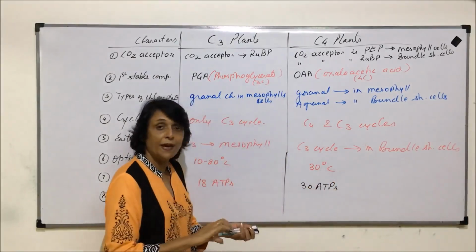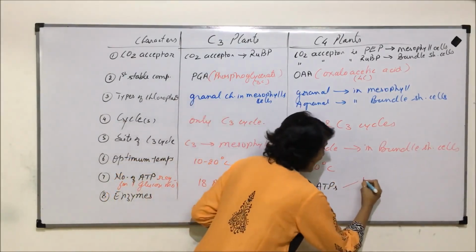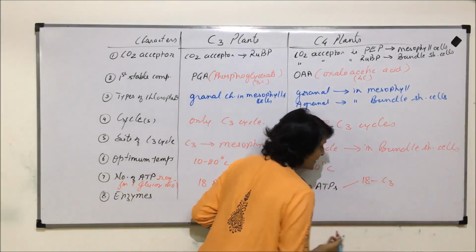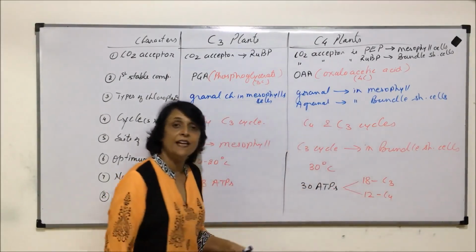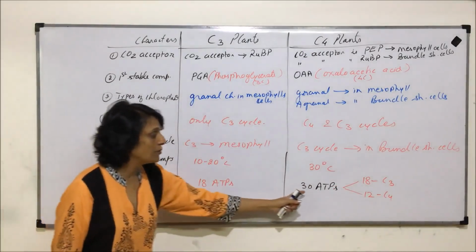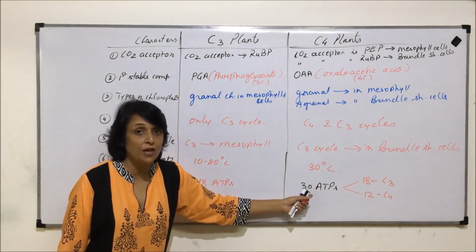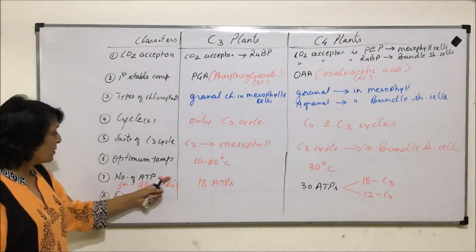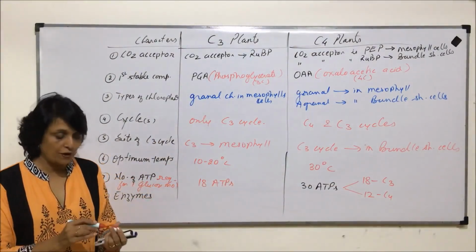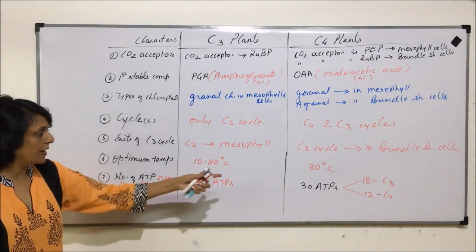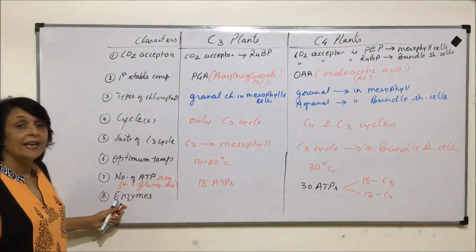Just to have the breakup, 18 during C3 cycle and 12 during that extra pathway, that is C4 pathway. And that's how 30 ATPs are required. So number of ATPs required in C3 are 18, whereas in C4 plants are 30. So that is an expensive process.